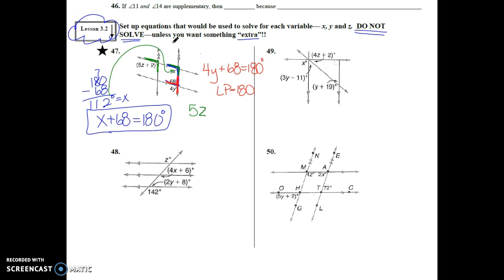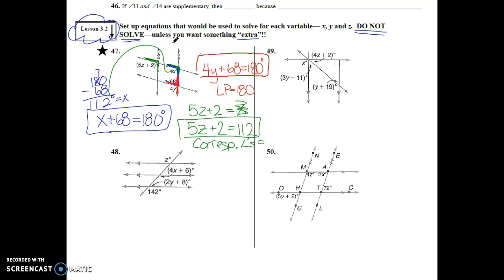We could write 5z plus 2 equals x, or we could substitute in that x spot our 112 degrees because corresponding angles are always equal. Those would be our 3 setups for the 3 variables. That's all that you need to do.